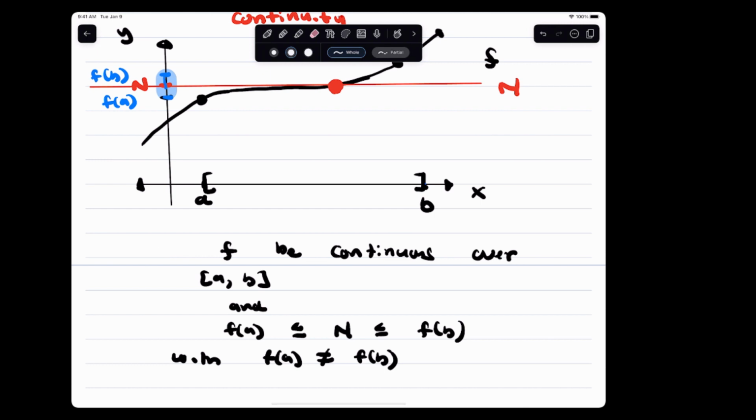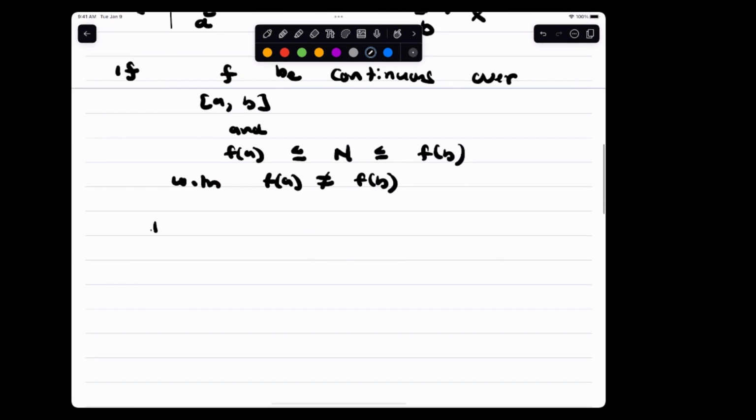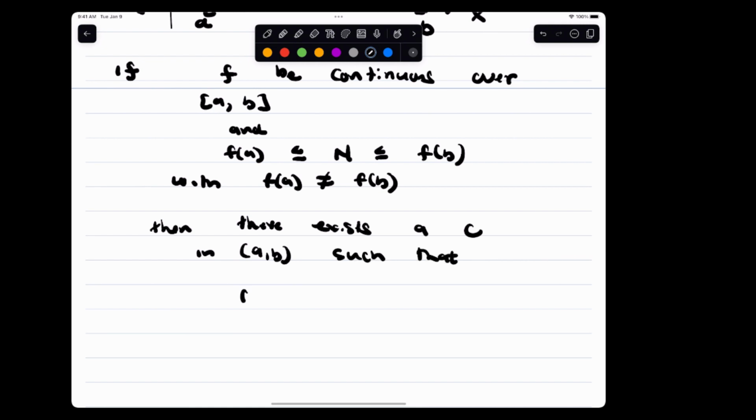And sometimes they like to say let, but sometimes they'll say if. So suppose, yeah, if. Then, this is your conclusion. Then there exists a c in the open interval AB such that f of c is n.